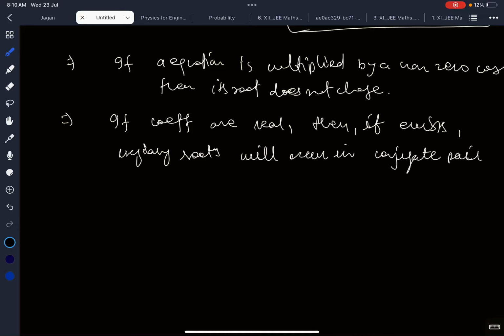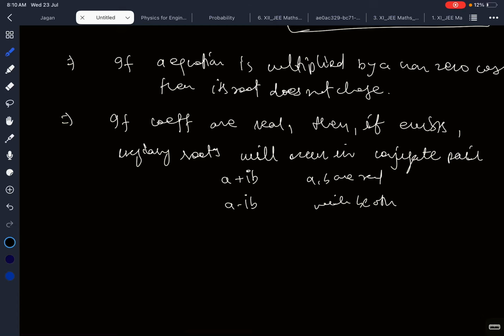What is the meaning of conjugate pair? Again, I have discussed earlier only. A plus iota beta will be one root where a and b are real, then a minus iota beta will be the other root. Okay.